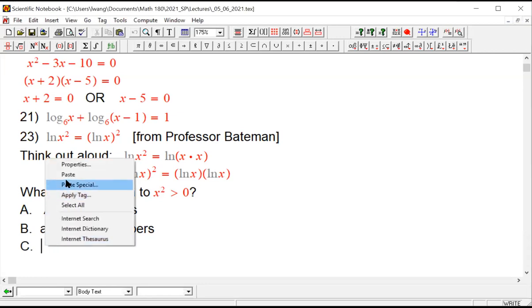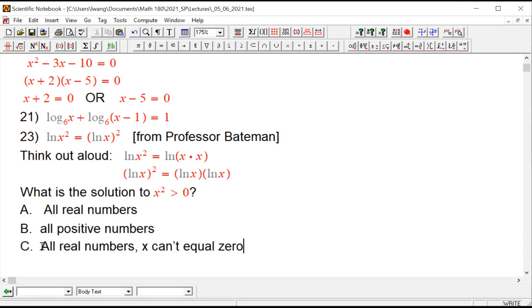This is correct. In other words, you can simply write X is not 0. That would replace those words. So all real numbers except 0, however you say it. And the answer Cortland gave there in the chat is correct. It's absolutely correct. Very good job.